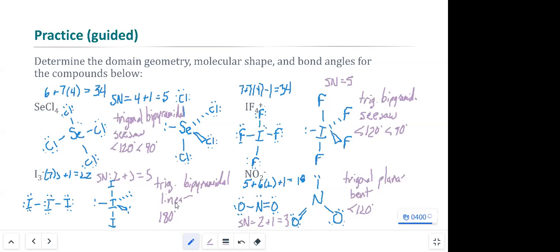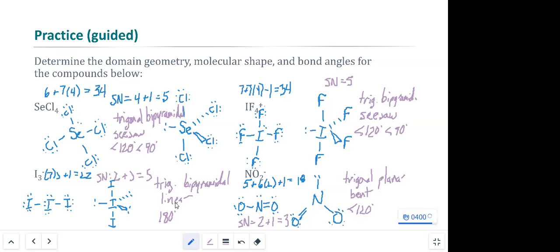Yeah. I've got an iodine on the upside. I've got an iodine on the downside. In the equatorial plane, is there symmetry? Yes. All three positions are occupied by lone pairs. So I have axial symmetry. I have equatorial symmetry. I have symmetry. This is a symmetrical molecule. And as a symmetrical molecule, it is a non-polar molecule.